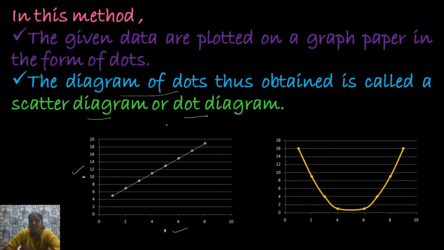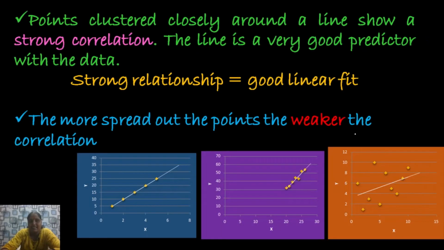After plotting all the points, either we get a straight line like this or some of the points cluster around the straight line, or we may get a curve like this, or points cluster nearly around a curve, something like that. So based on this scatter diagram, we get a rough idea about the direction of relationship between the two variables.